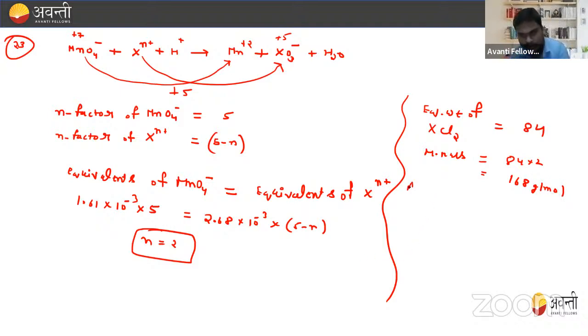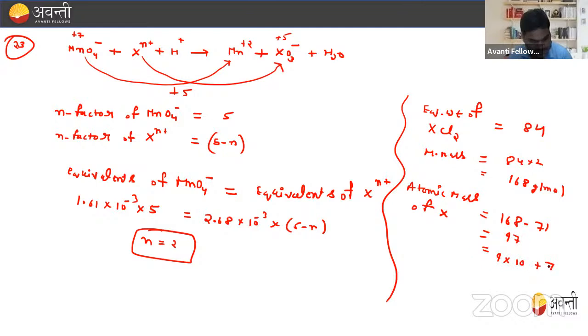Now, what is the atomic mass of X? It is nothing but 168 minus 71, because it is XCl2. So 168 minus the mass of chlorine, which is 71, comes out to 97. 97 means 9 into 10 plus 7.